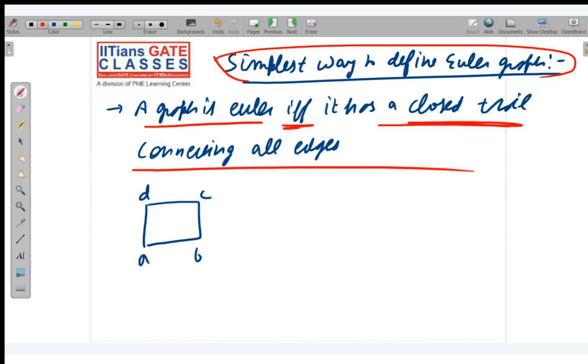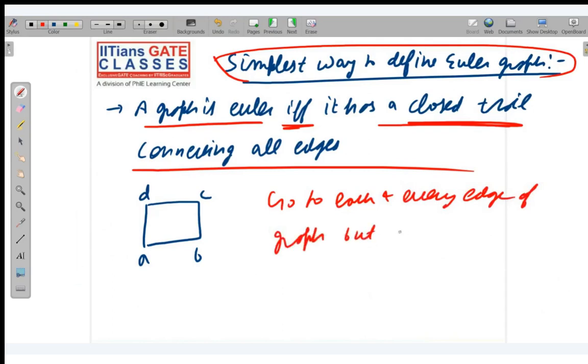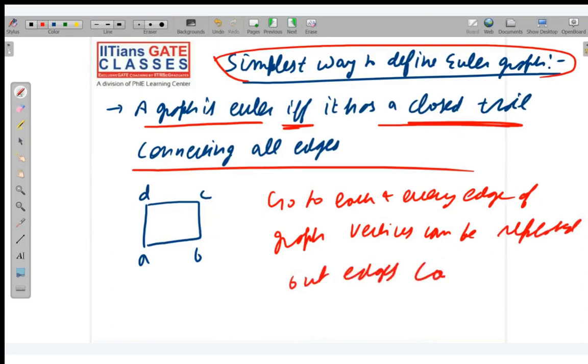You have to go to each and every edge of the graph. Vertices can be repeated, but edges can't. That is the simplest way to define it.